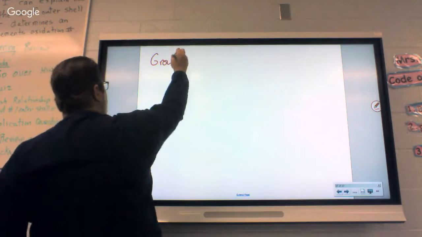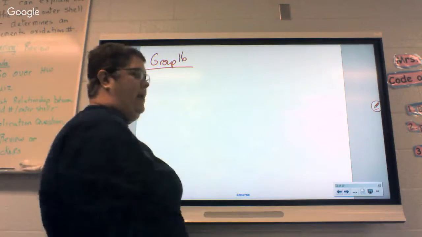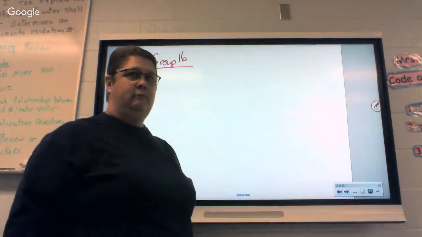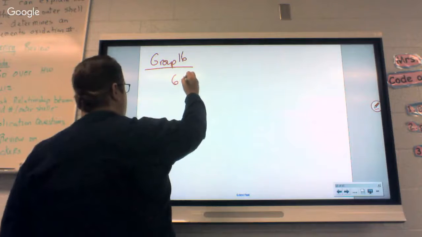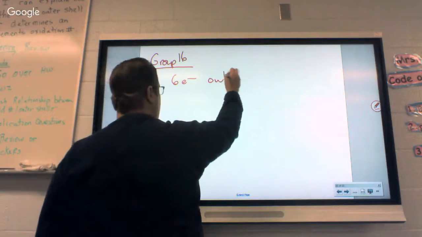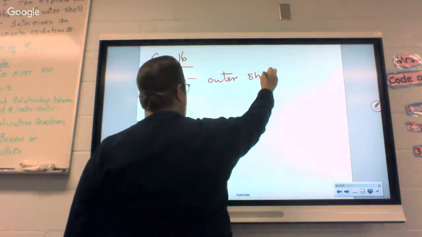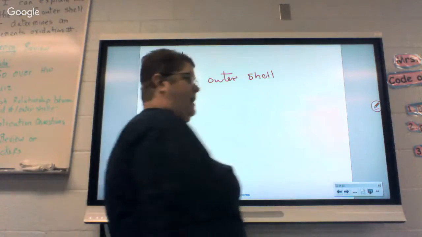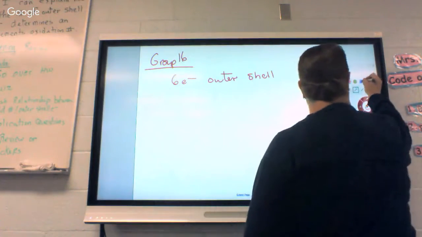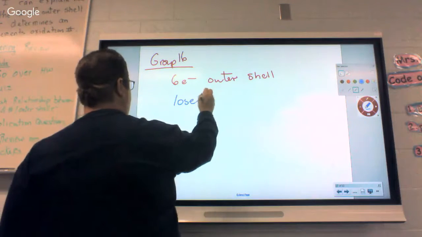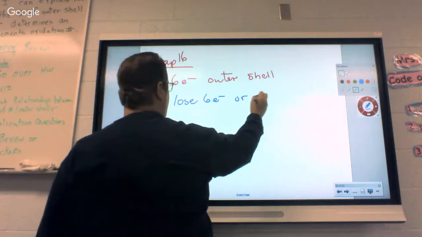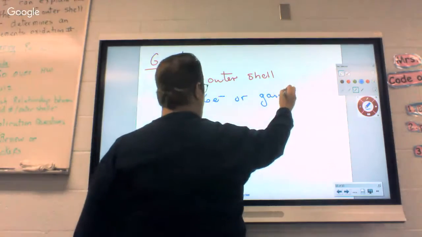All right, so group 16. Group 16 has how many outer shell electrons? There's 6 electrons in the outer shell. So, how can it go about getting to the magic number of 8? What are the options? It can lose all 6, or it can gain 2.